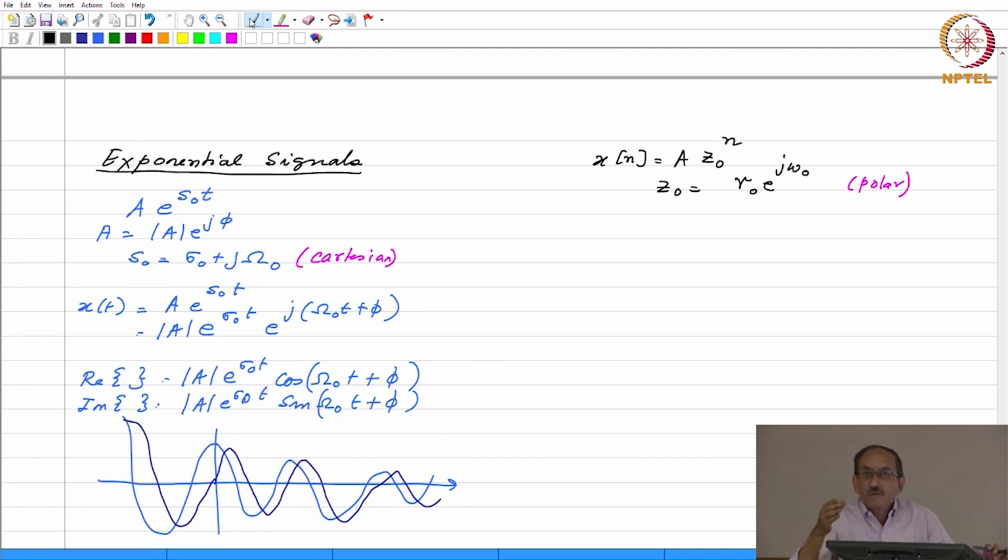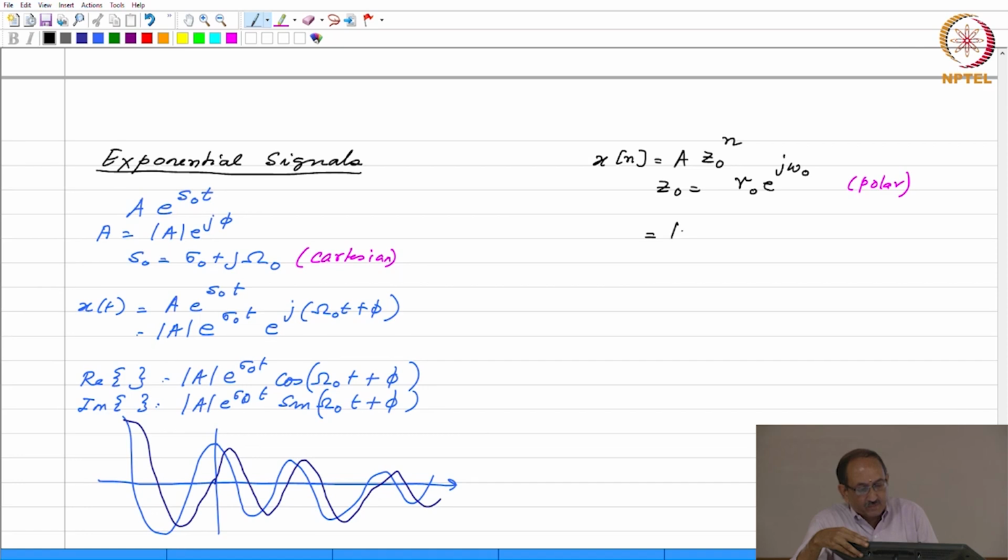Okay, de Moivre's theorem. That's the theorem that we use. Here you are going to raise this complex number to the nth power, and the easiest thing would be to express that in polar form and then proceed. All right.